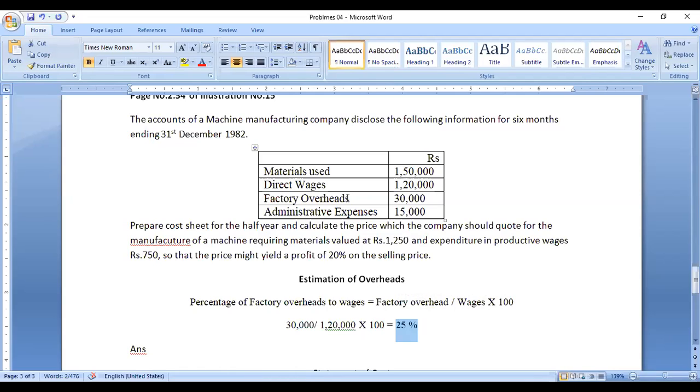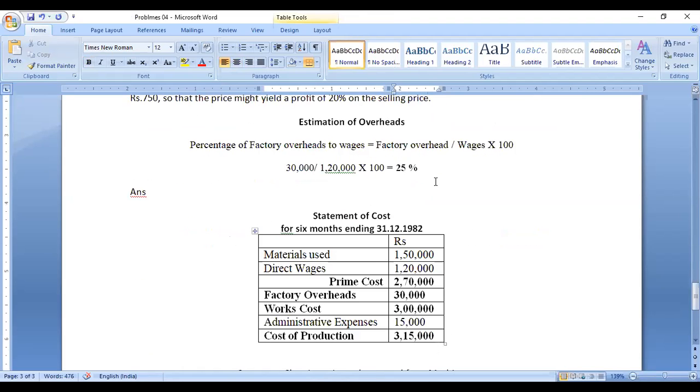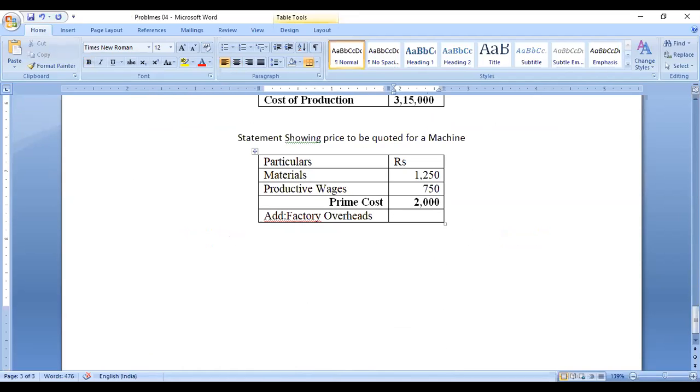So factory overhead is always in relation with the direct wages only. On the basis of the direct wages only, the factory overheads either increase or decrease. So now we have to calculate the factory overhead, 25 percentage on productive wages.